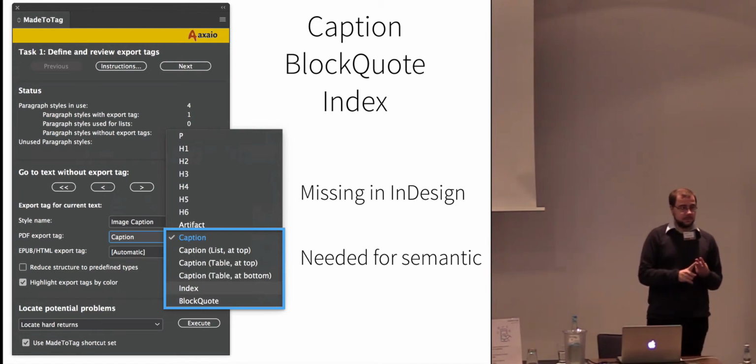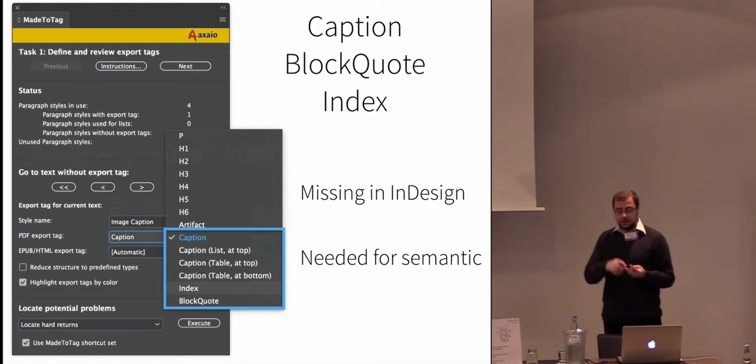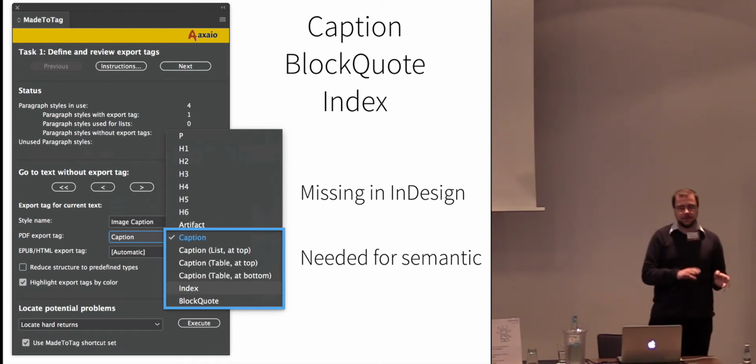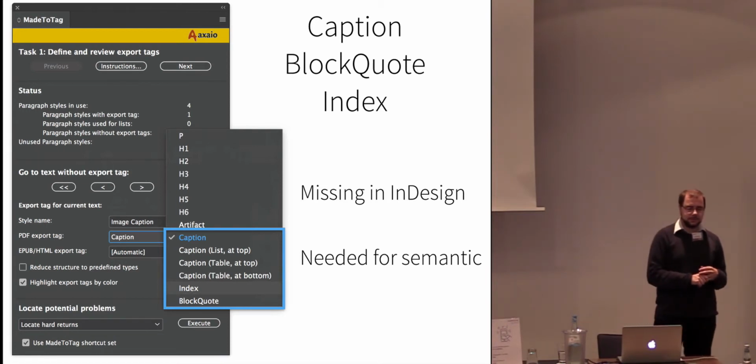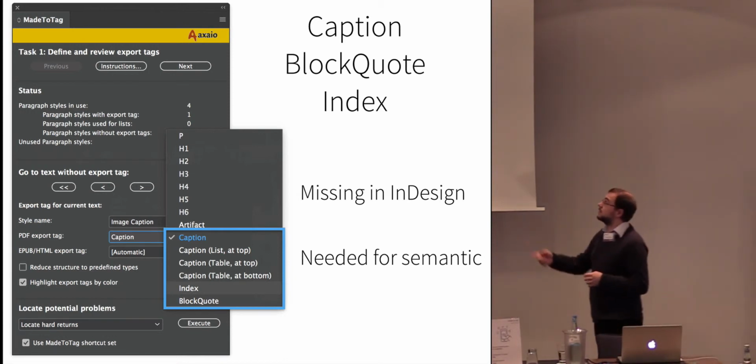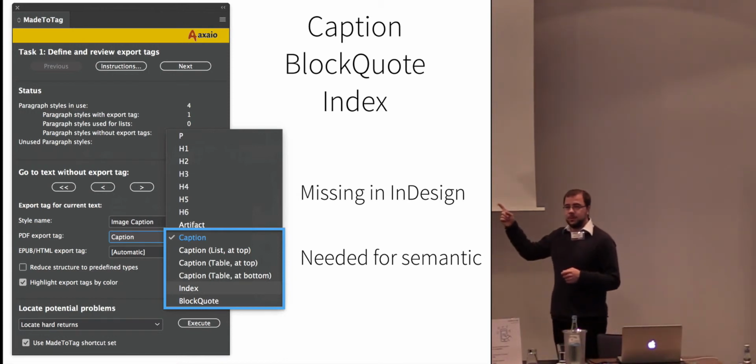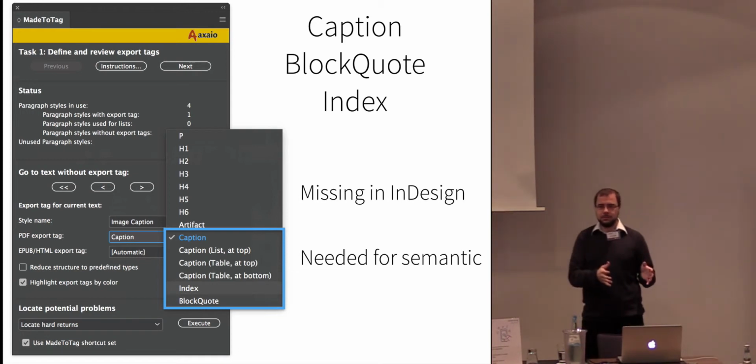They are just not available in InDesign. There's some workaround where you can set a caption, but it's very, very limited. So that's why we included that, and we included it in task number 1, where you set this paragraph is an H1, this paragraph is a plain paragraph.